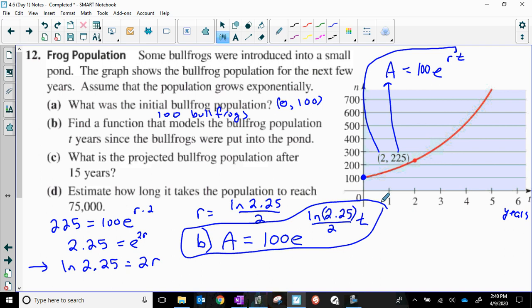This is what is the projected bullfrog population after 15 years. So I can just put in my 15 and use my calculator.